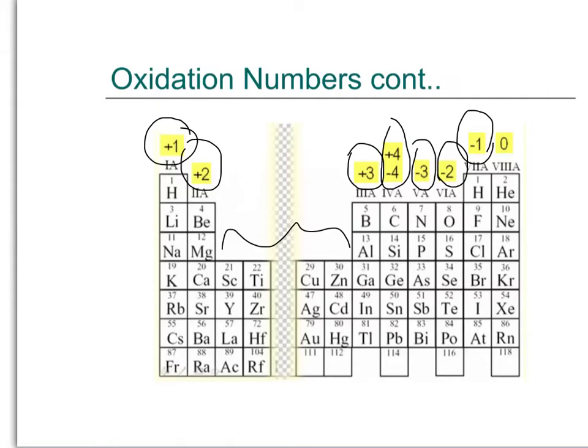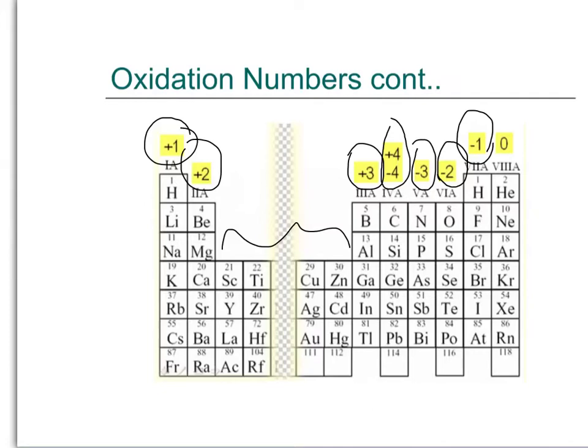This is because they already have 8 and they don't want to take any more and they don't want to give anything up. So they're not going to be participating in bonding with anybody. The plus sign, if you remember, a cation is something that gave away negative charge. Well, those plus signs on those first 4 columns mean that they gave away 1 electron, 2 electrons, 3 electrons, or 4 electrons.